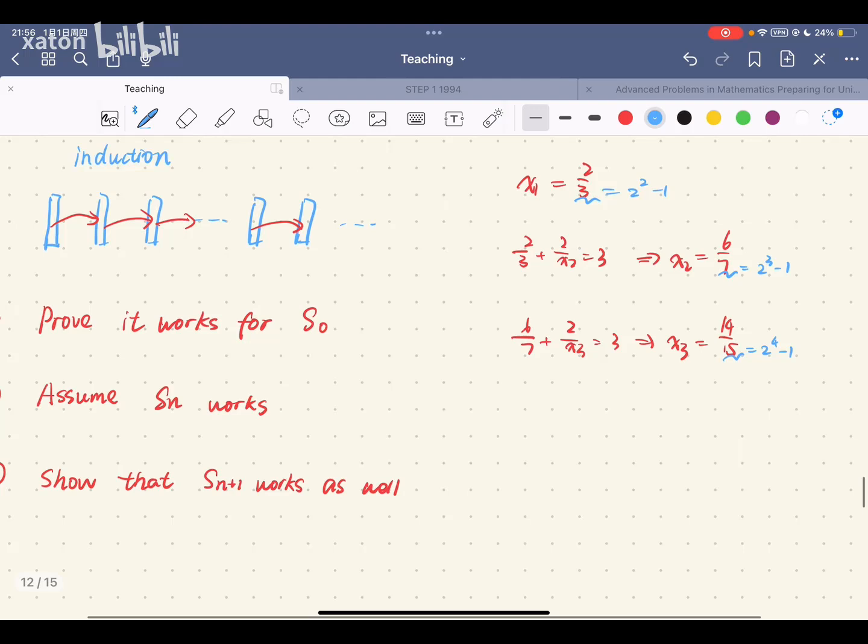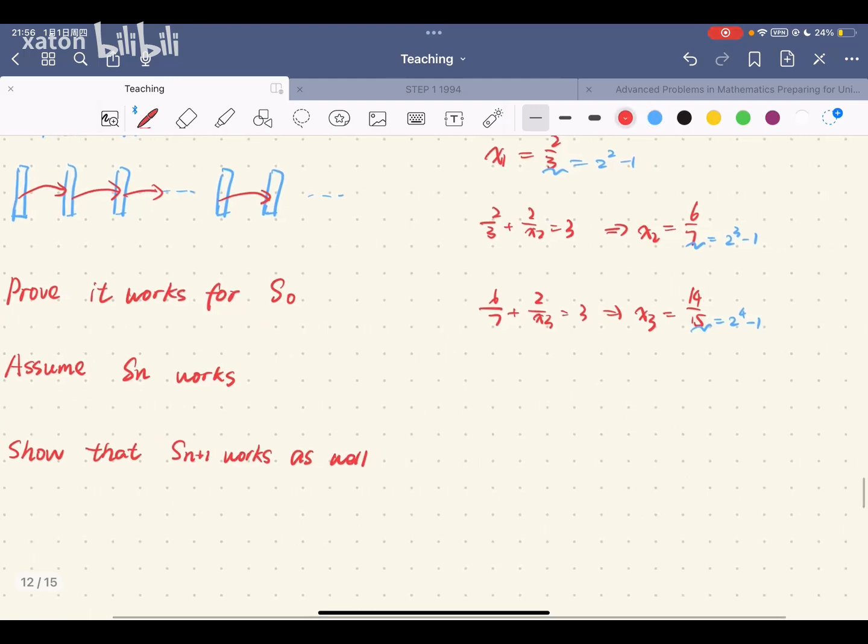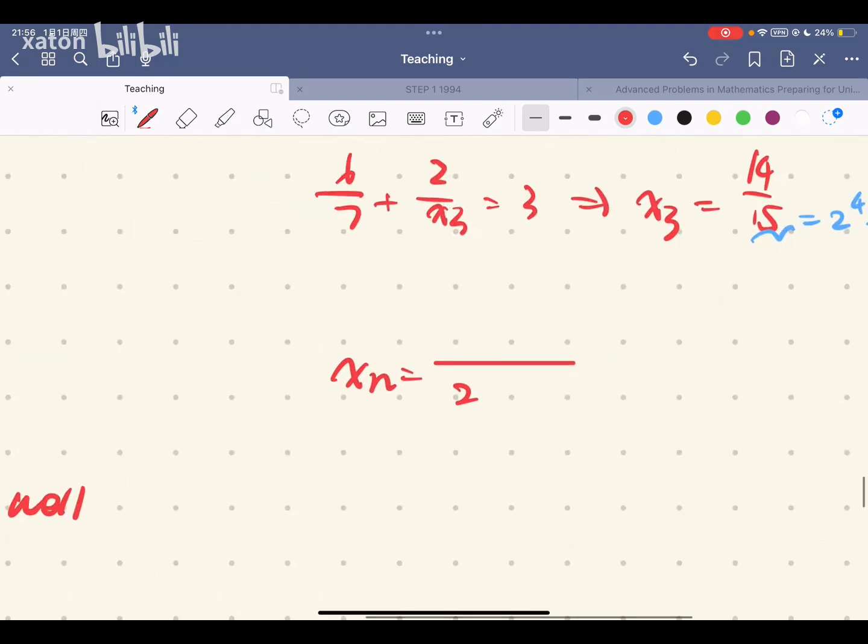So now we can guess an expression for xn: for the denominator it is 2 to the power of n+1 minus 1, and the numerator should be 1 less, so it will be 2 to the power of n+1 minus 2. Fair enough.